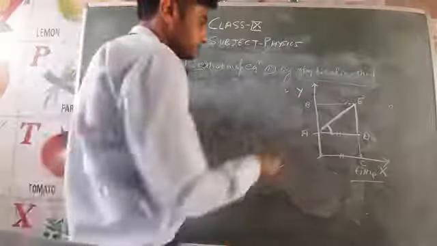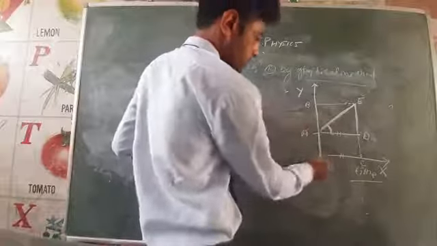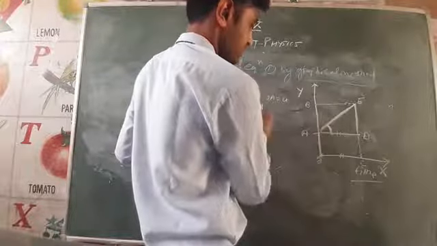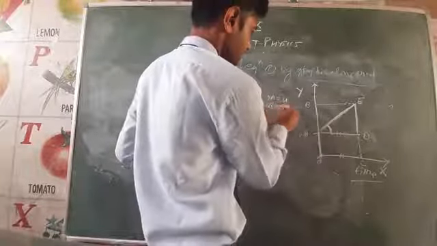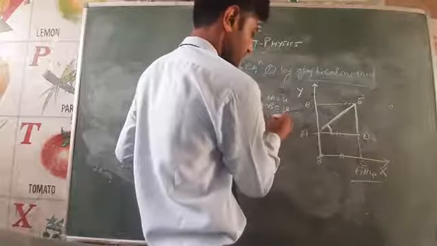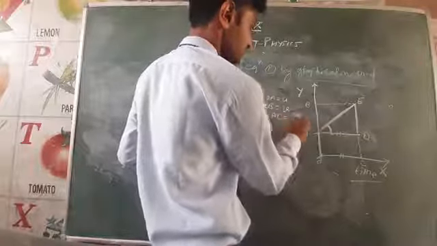So as you can see, OA equal to u, OB equal to v, and OC equal to AD equal to t.